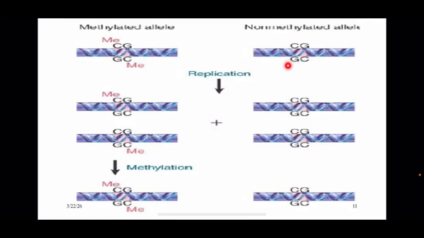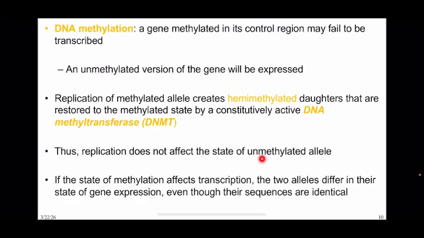Previously these daughter cells were not methylated. Their parental structures weren't methylated. So the DNMT coming in that's methylating this is not going to affect this. That's what we mean by replication does not affect the state of unmethylated allele.